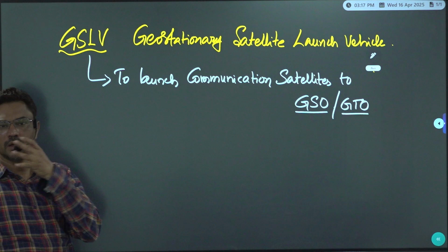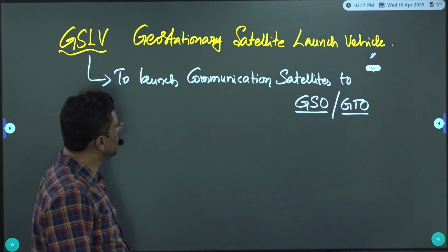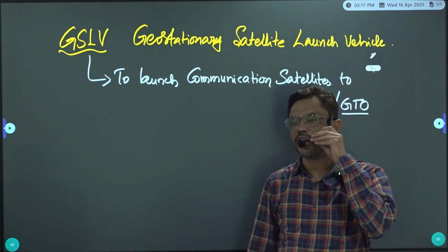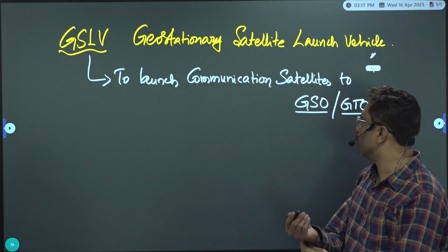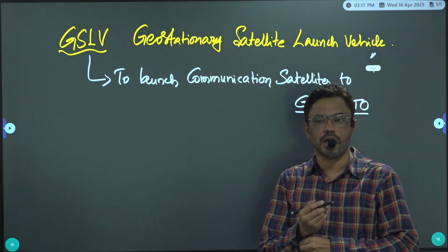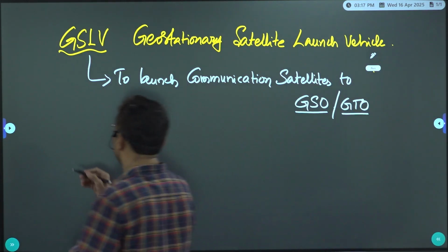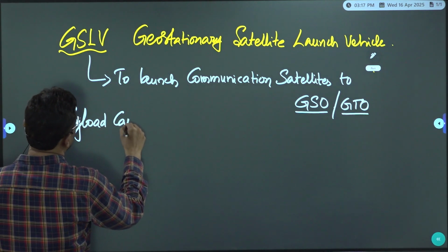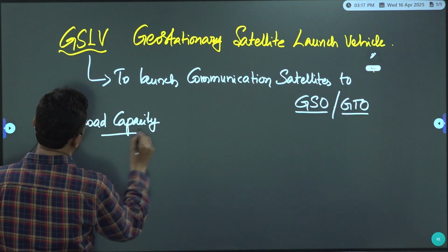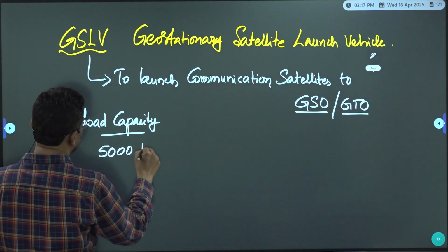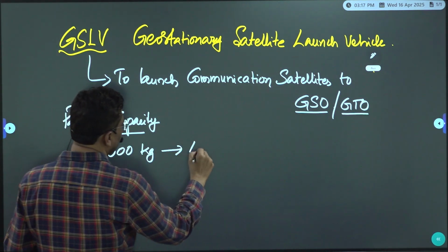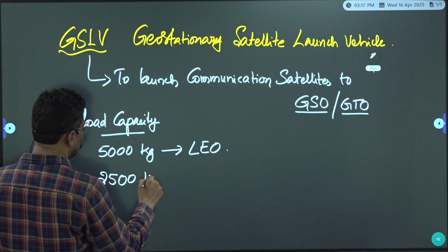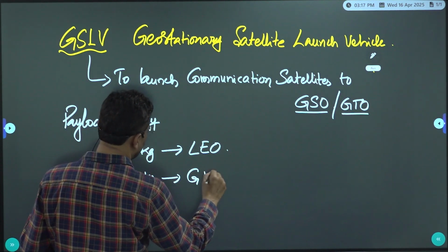So GSLV is to launch heavier satellites like communication satellites to geostationary orbit or geostationary transfer orbit. It can launch 5000 kgs of payload to LEO, low Earth orbit, and 2500 kgs of payload to GTO, geostationary transfer orbit.